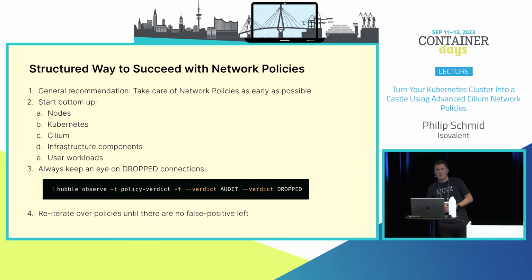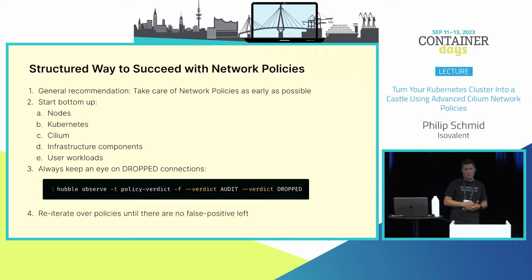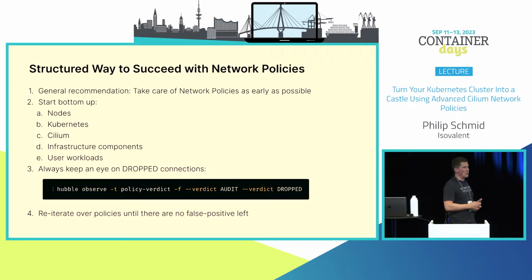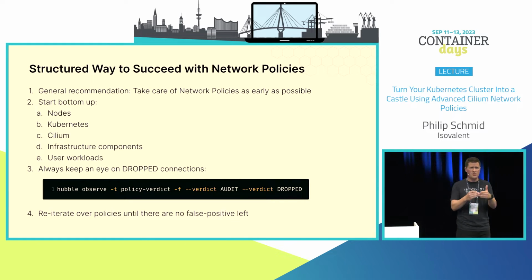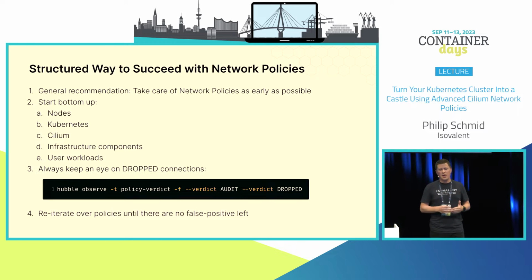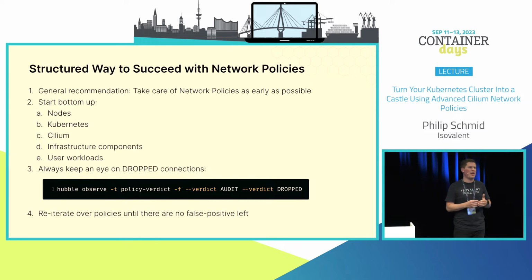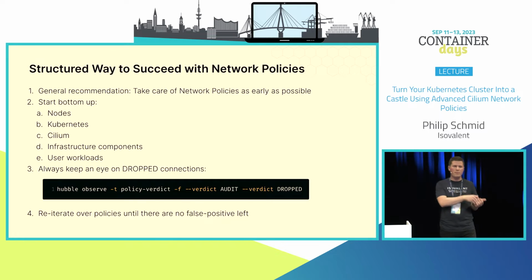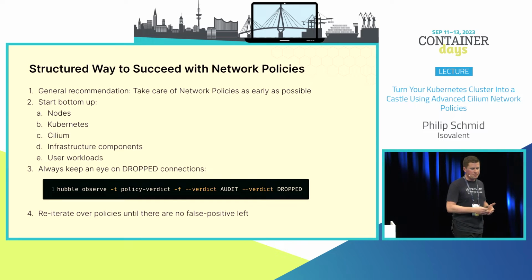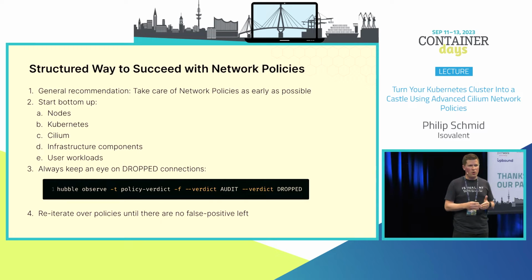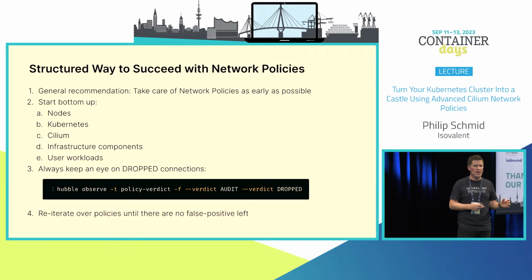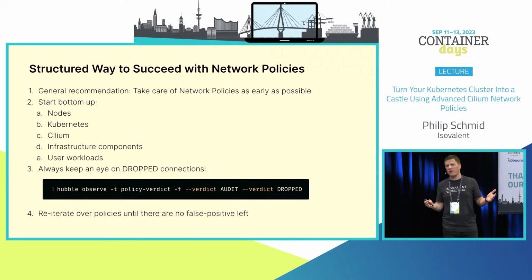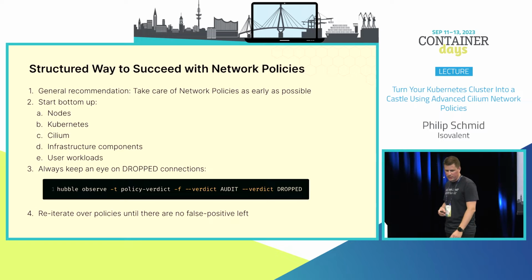Then I would recommend you to start bottom up with implementing policies. Here I would start with policies for nodes, in case you actually want and need that. Then I would continue with basic Kubernetes communication flows, such as the communication between the kube-apiserver and the kubelets. Next, I would take a look at really key fundamental infrastructure tools, such as the CNI, because without CNI, nearly nothing is really running successfully.